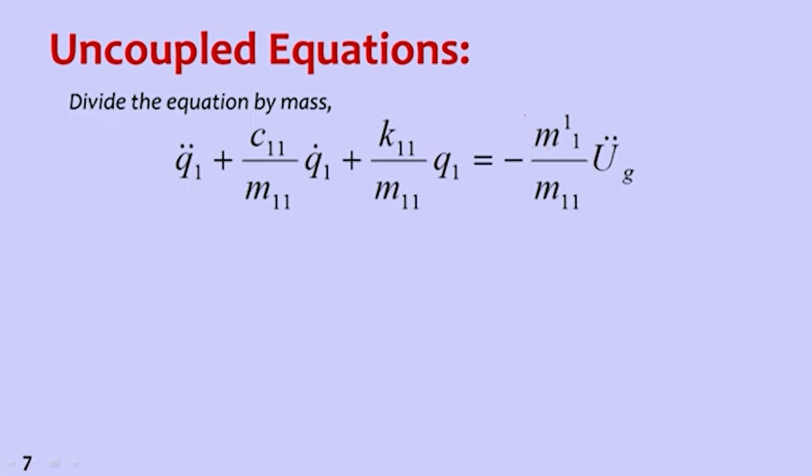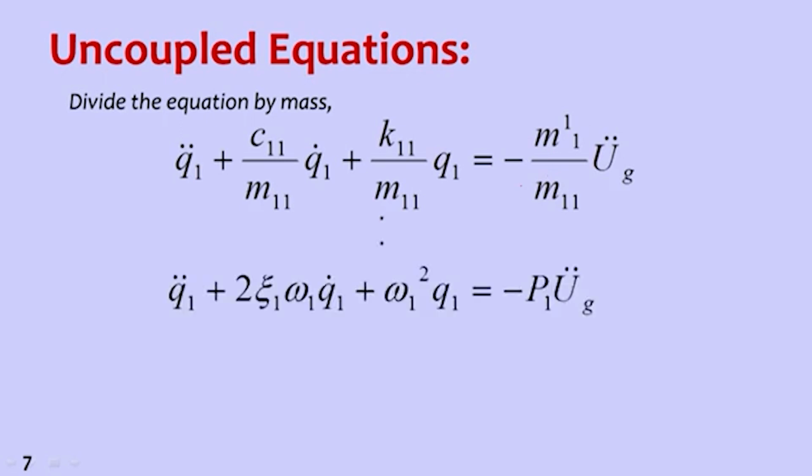This is the mass present in that first mode, and this is the mass term in the mass matrix. With this, we can write C11 by M11 as 2 zeta 1 omega 1, K11 by M11 as omega 1 square, and this M1 by M11 is the mass participation.